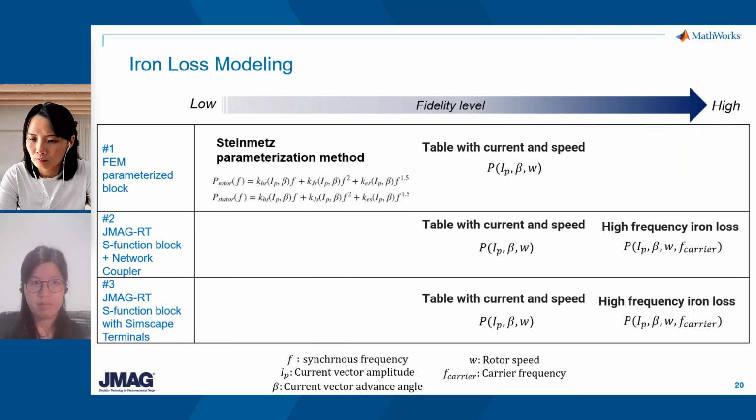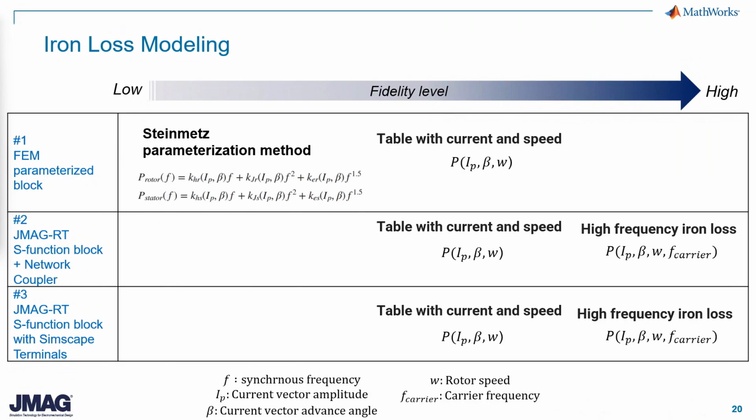So I'd say the first block, the parameterized block, supports the basic iron loss modeling that can capture the fundamental component of the iron losses. And the other two, the JMAG RT as function block, network coupler, and Simscape terminals, are a little bit more advanced iron loss.